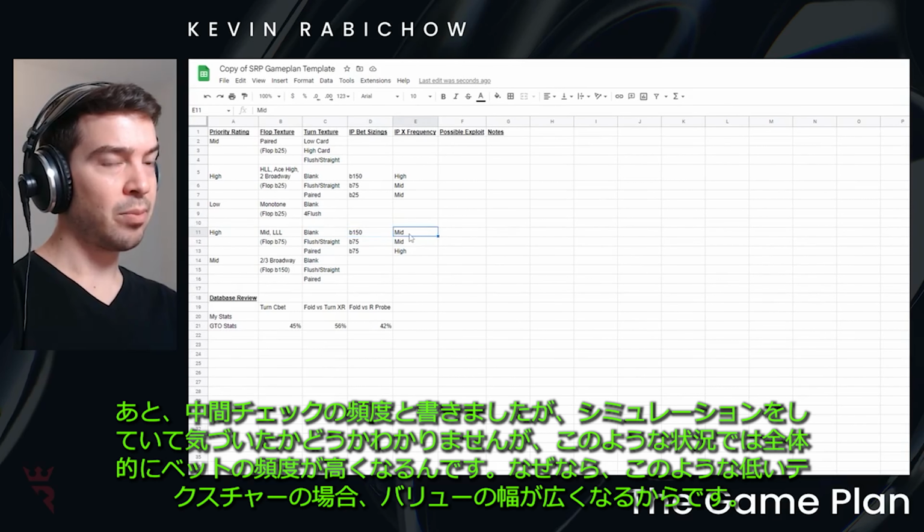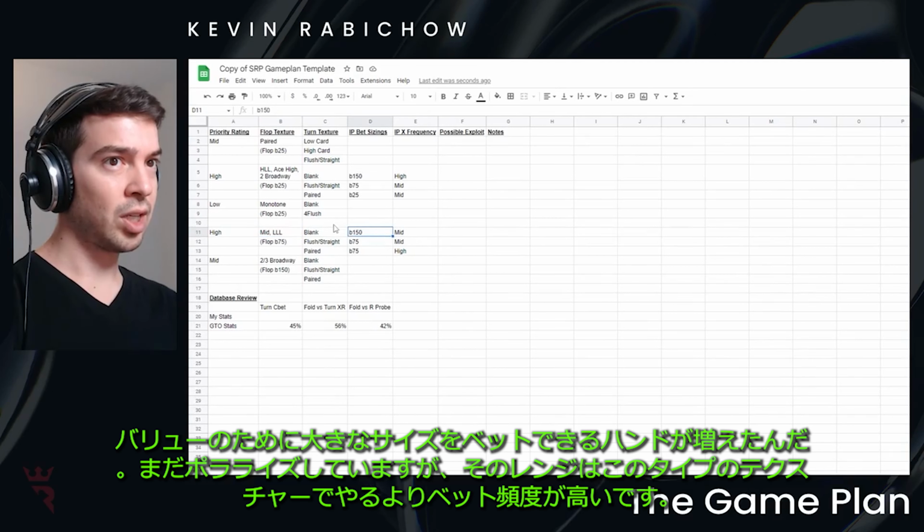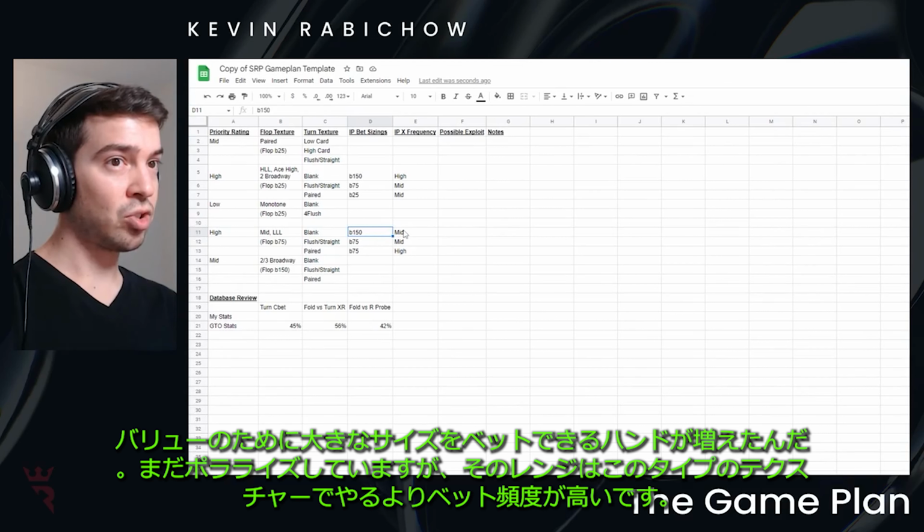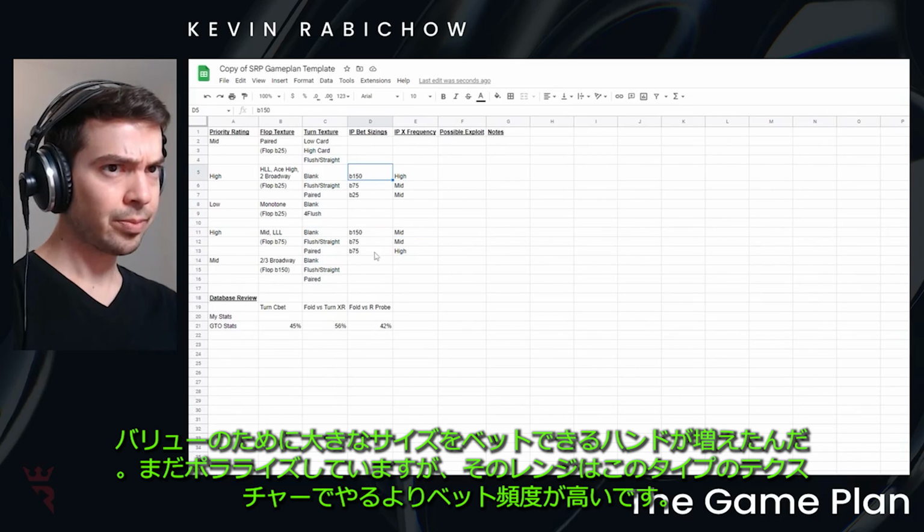And I've written mid checking frequency. I don't know if you noticed as I was going through the sim, but the overall betting frequency is higher in these situations because of the wider value range that we have on these low textures. There's more hands that can bet big sizes for value. It's still a polarized range, but that range has a higher betting frequency than we would have on these other types of textures.